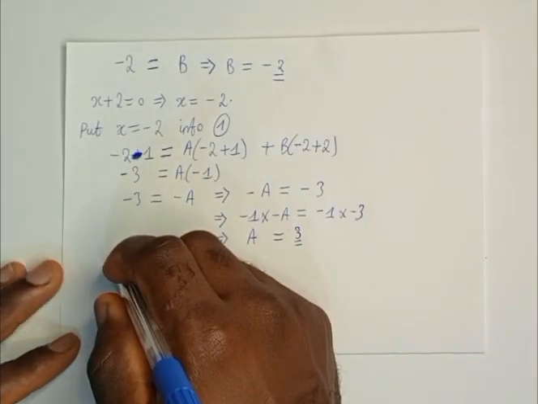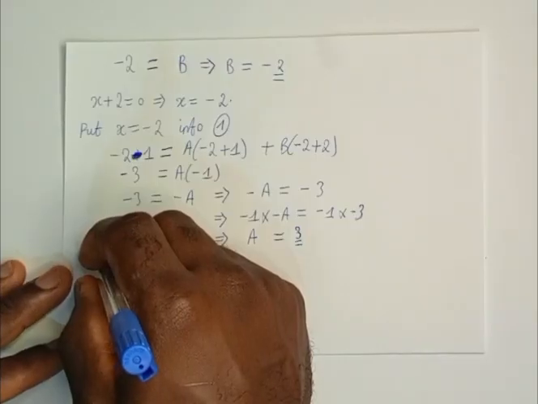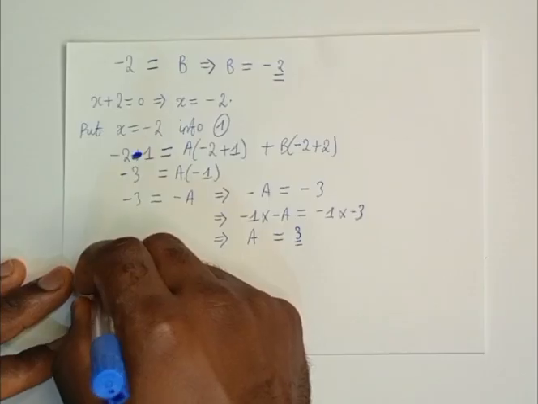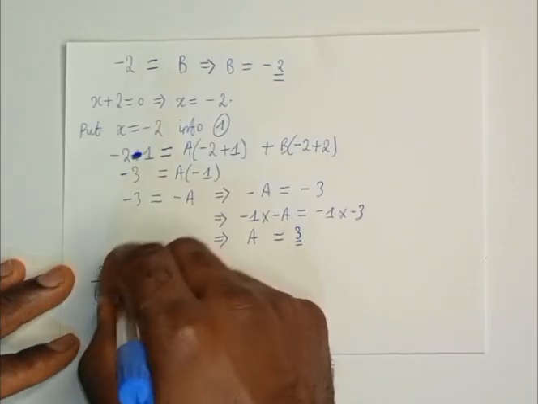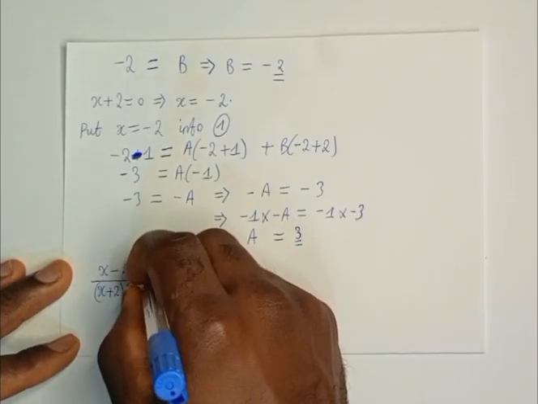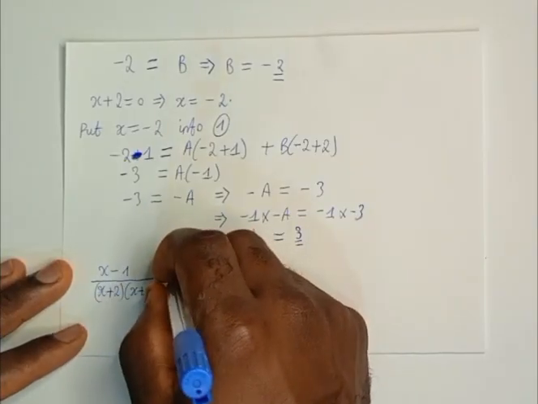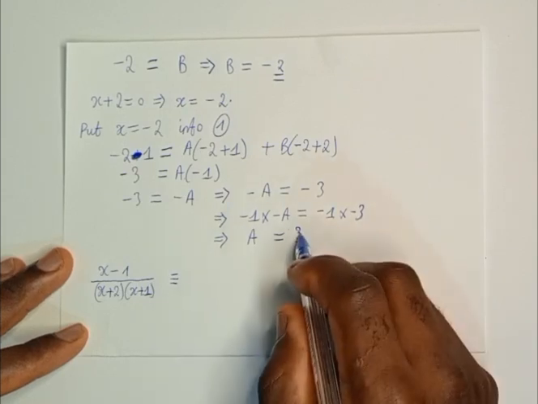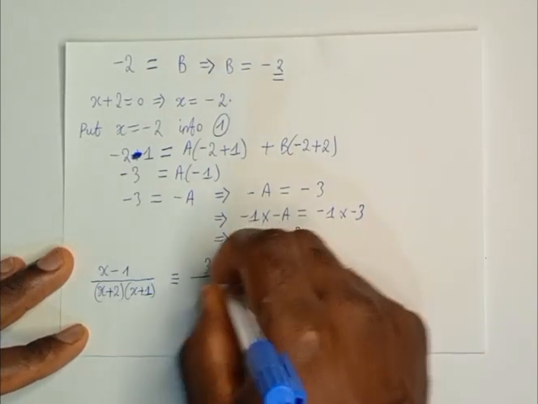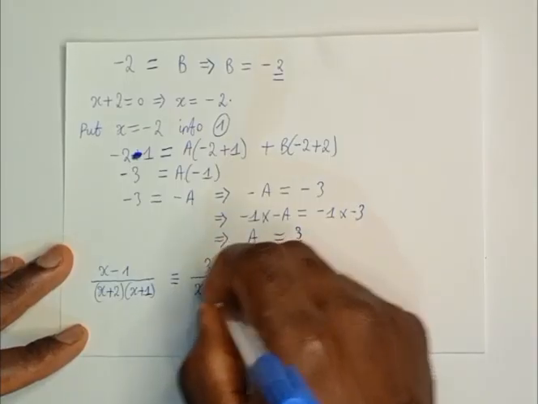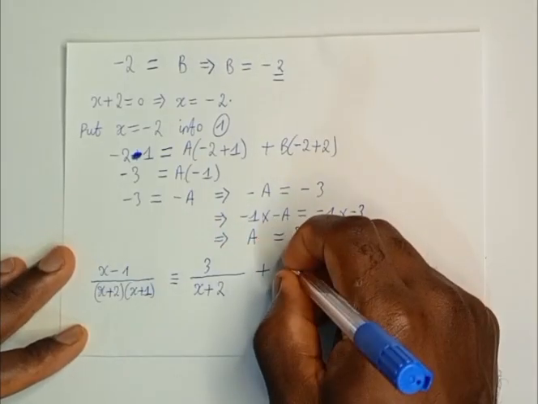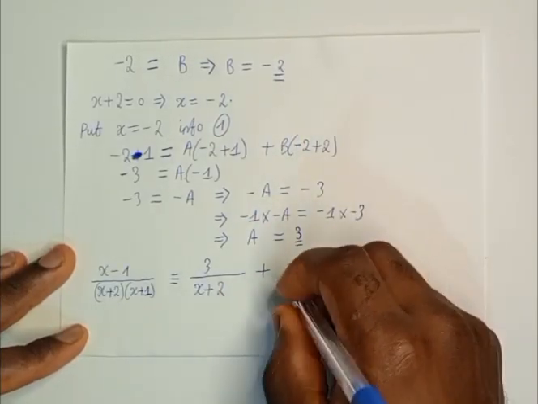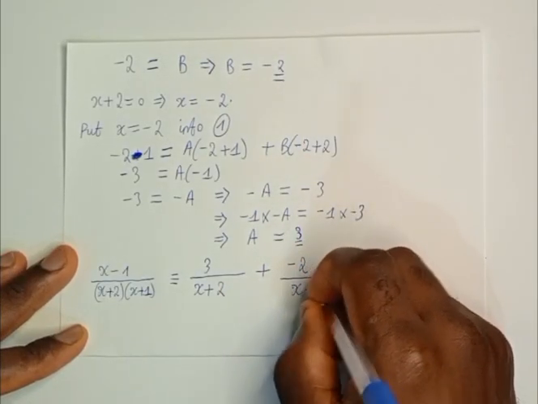Now we can express the given function in partial fractions. We have (x minus 1) all over (x plus 2)(x plus 1). This will simply be identical to, replacing a with its value 3, 3 all over (x plus 2), plus we replace b with its value, -2 all over (x plus 1).